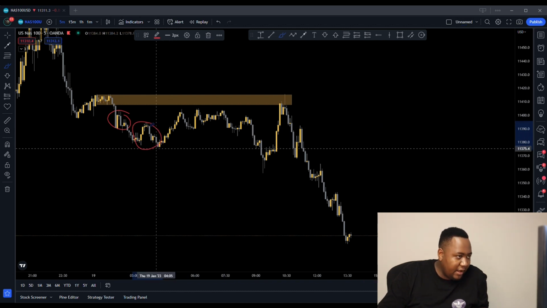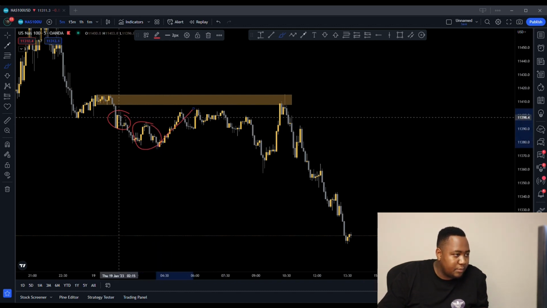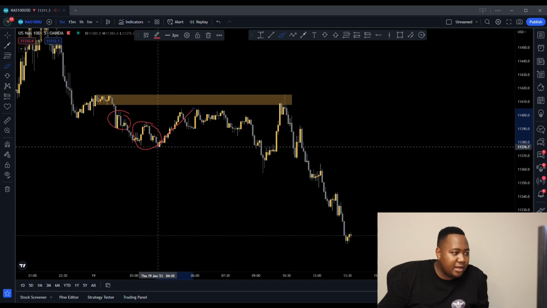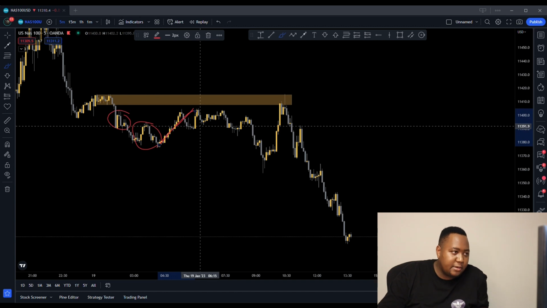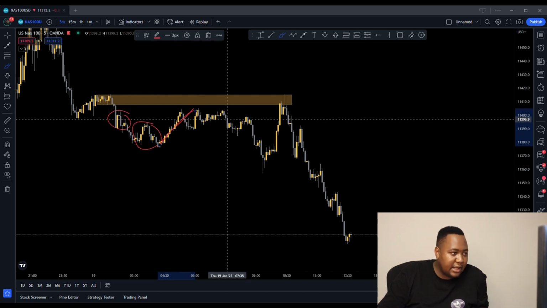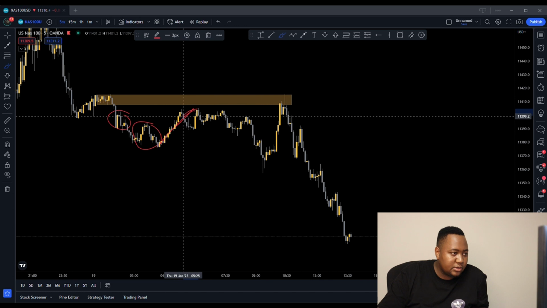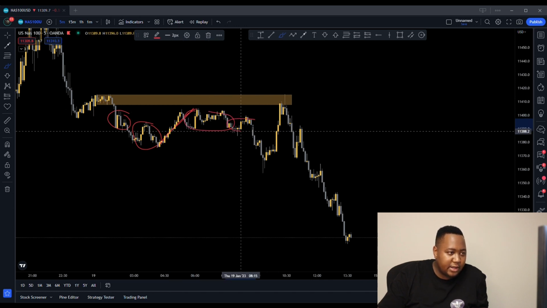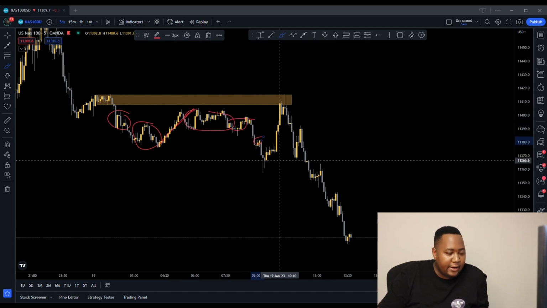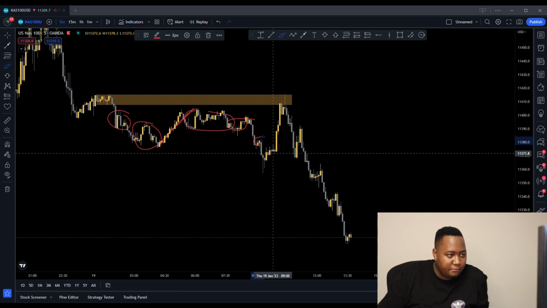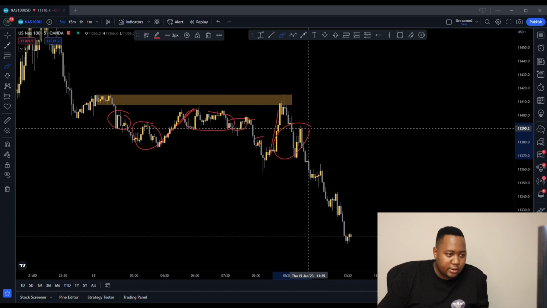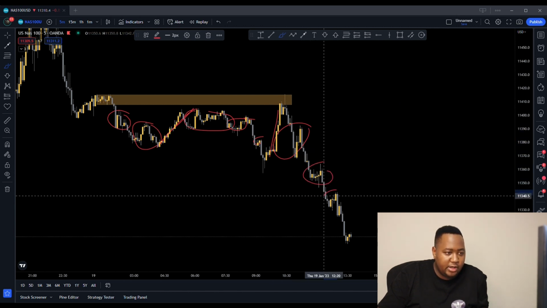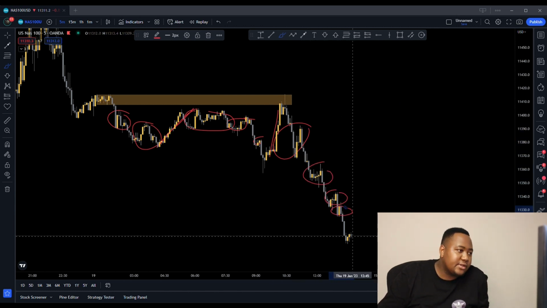Now we're having a small pullback, a medium pullback take place, and then within the impulse we have medium pullbacks again. Look at that, medium pullbacks. It takes place right there, takes place again, and in the very same manner we have a medium pullback, we have a small pullback. Look at that, 1, 2, 3, 4, every single one of them.